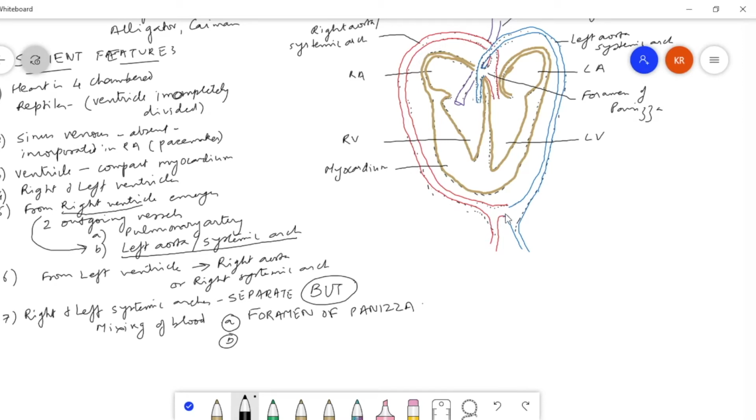When they come down, they again join over here. This is called anastomosis. This is the anastomosis which is in the abdomen.